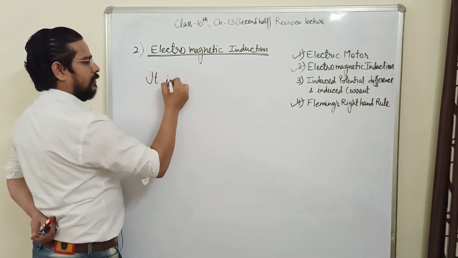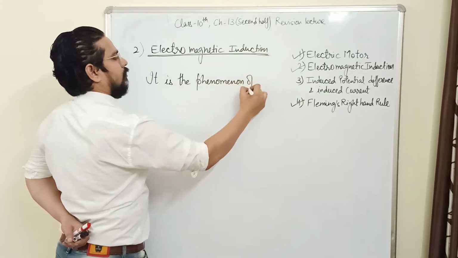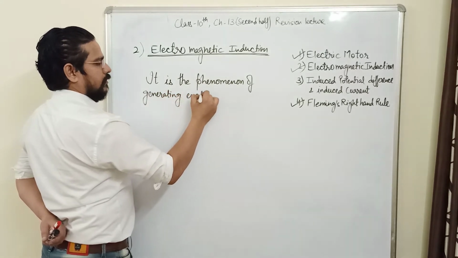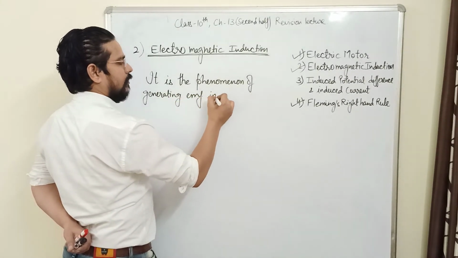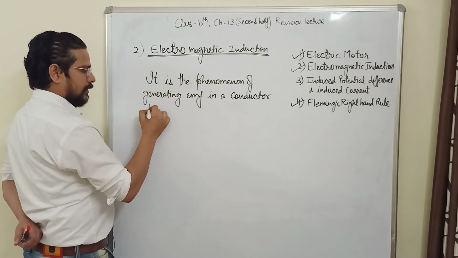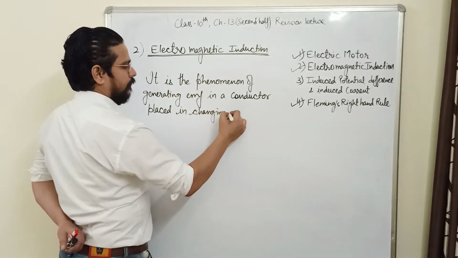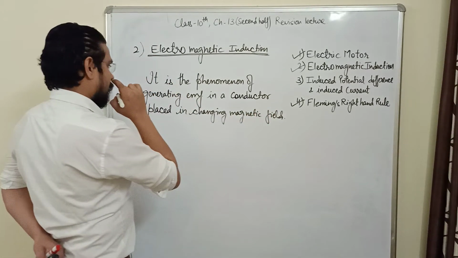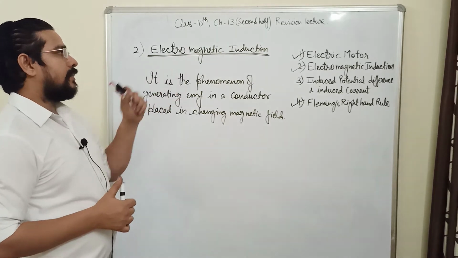It is the phenomenon of generating EMF, electromotive force, in a conductor placed in a changing magnetic field. So if we place a conductor in a changing magnetic field, EMF will be generated in that conductor. This is known as electromagnetic induction.